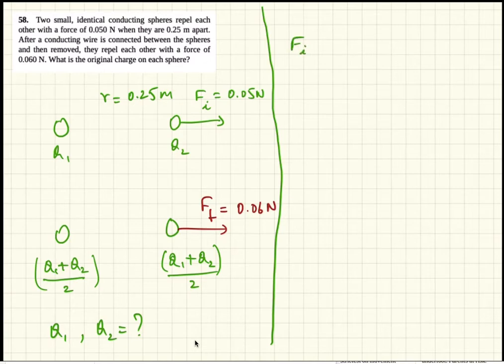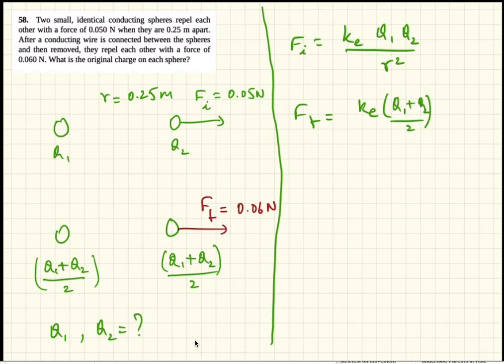So the initial force is K, the Coulomb's constant, times Q1 Q2 divided by R squared, and the final force is K times (Q1 plus Q2 divided by 2) times (Q1 plus Q2 divided by 2) divided by R squared.